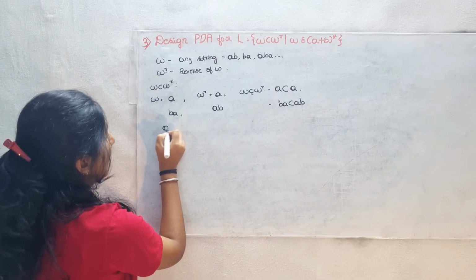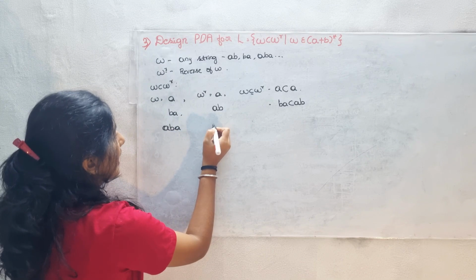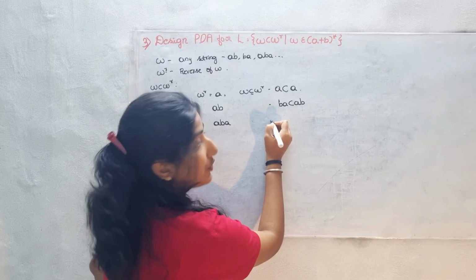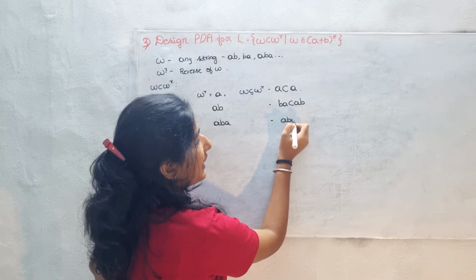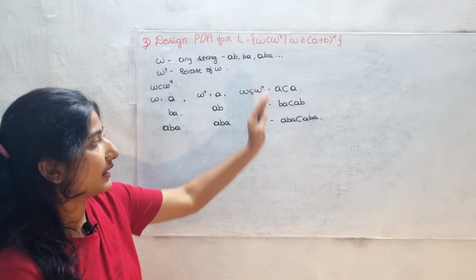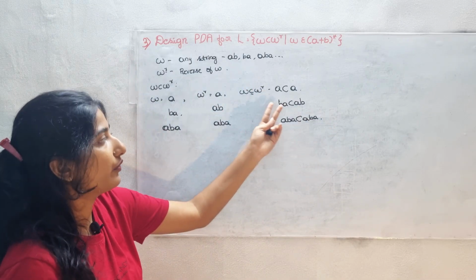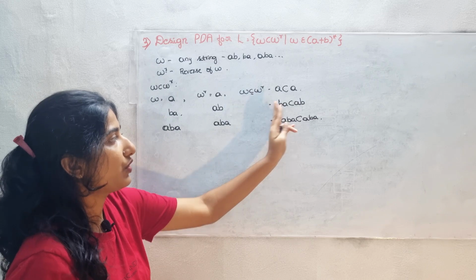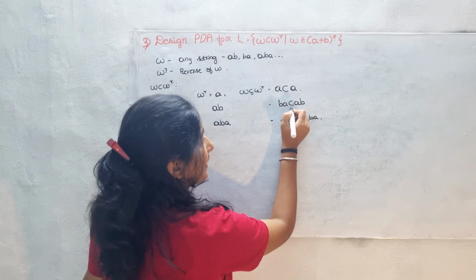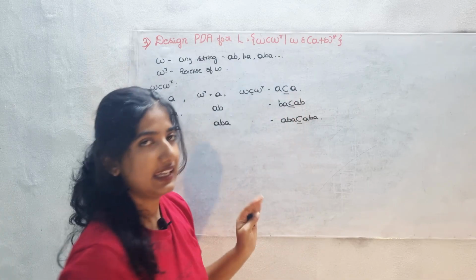Okay, if we have aba, wᴿ will be aba only, and wcwᴿ will be aba, c, aba, right? So there can be any combination of a's and b's in w. The reverse of that w is wᴿ, and the one more extra thing is we have c here.